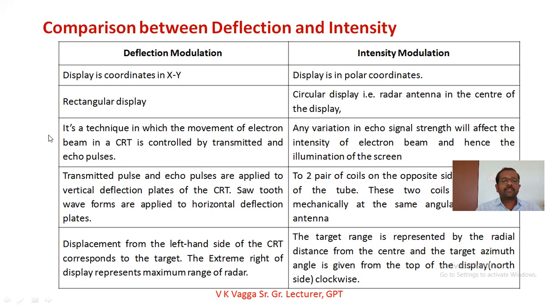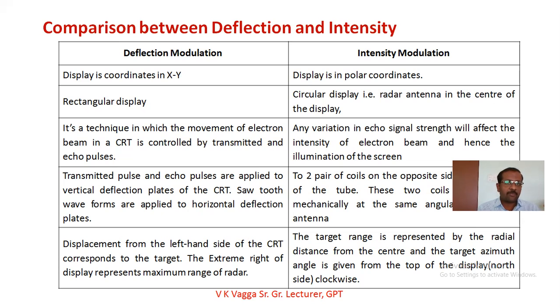And after that, it is a technique in which the movement of the electron beam in the CRT is controlled by the transmitted and the echo pulses applied to the vertical deflection plates.